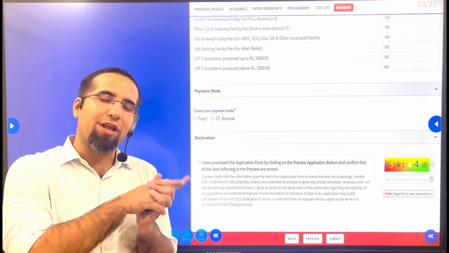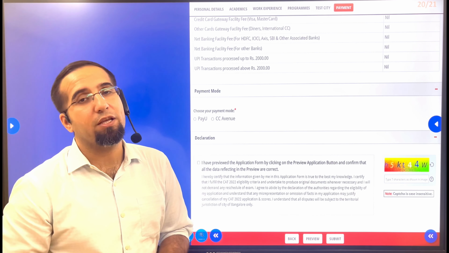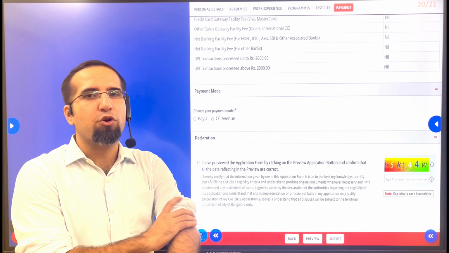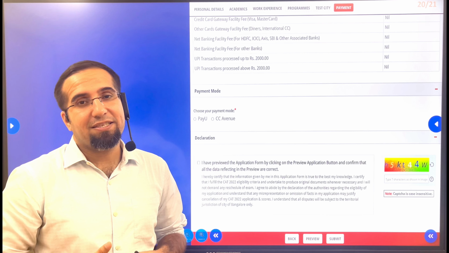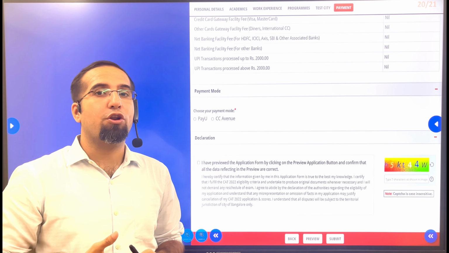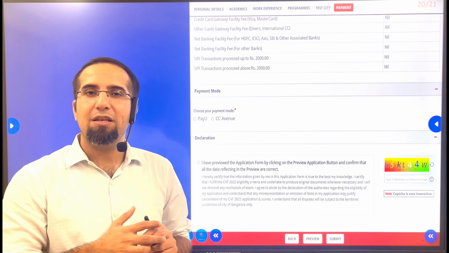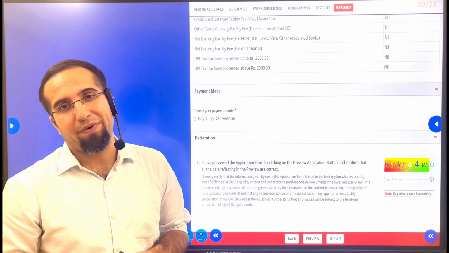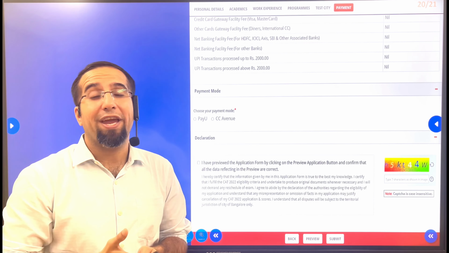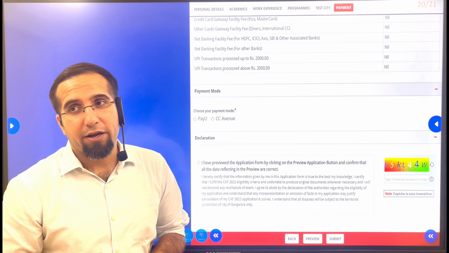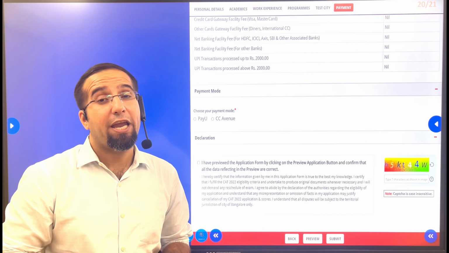Now I was about to tell you what if you commit a mistake in the whole process. So CAT opens the window for you to edit the form, point number one. Or point number two, the mistakes that you commit, if they are not affecting your admission criteria, then they can be rectified altogether. Let's say IIM Ahmedabad gives equal marks to 80% and above, and instead of 87 you mentioned 89.